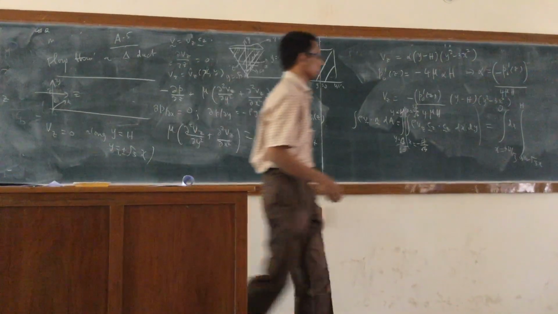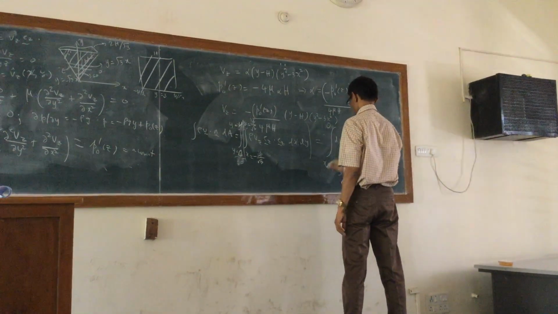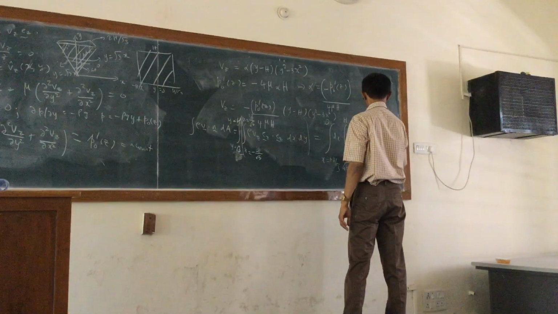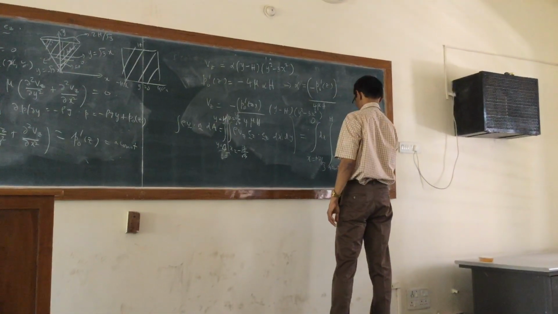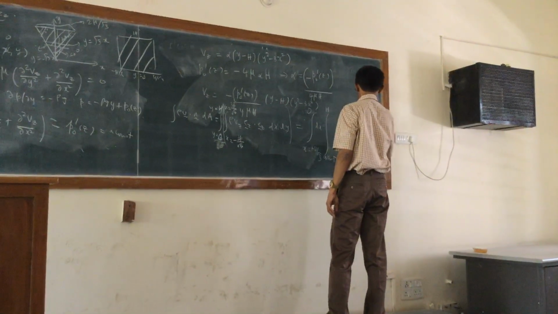The other domain would be covered by x equal to 0 to h by root 3, and then y would be root 3x to h.